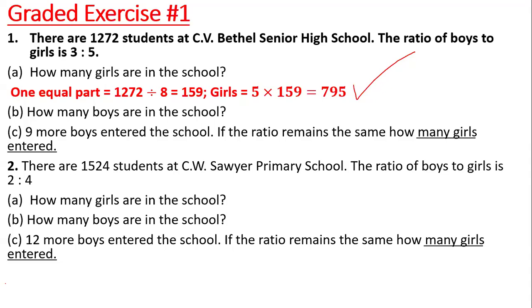So for part B, you times 159 times by 3, and that gives you 477.